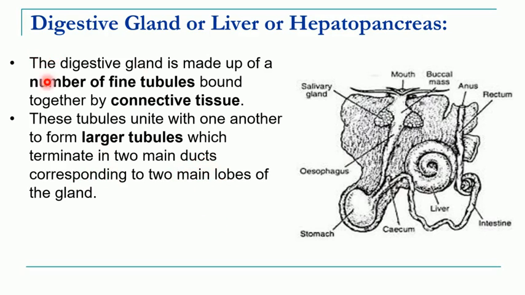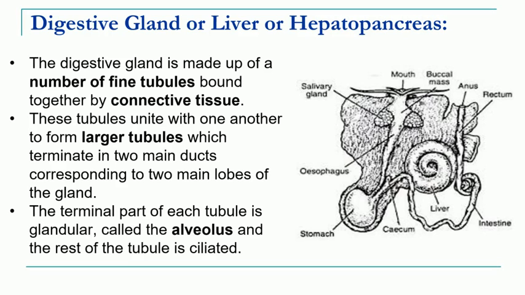So I can summarize here: the digestive gland is first of all made up of finer tubules bounded by connective tissue. Then these finer tubules converge into larger tubules, and these larger tubules give rise to the two ducts, and these two ducts then connect together while joining the stomach.